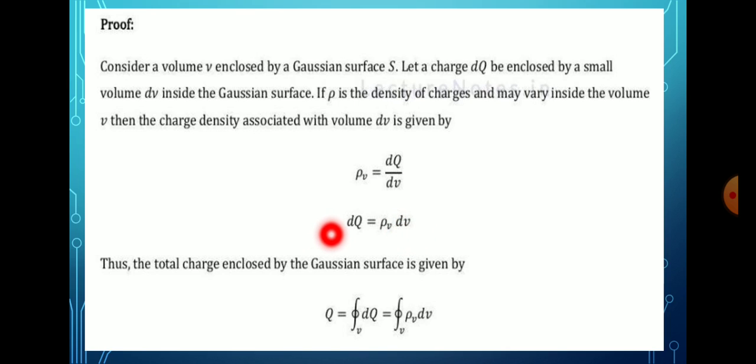If Q is the total charge enclosed by the Gaussian surface, Q is equal to the closed integration over volume V of dQ. Just put the value of dQ, rho of V into dV.